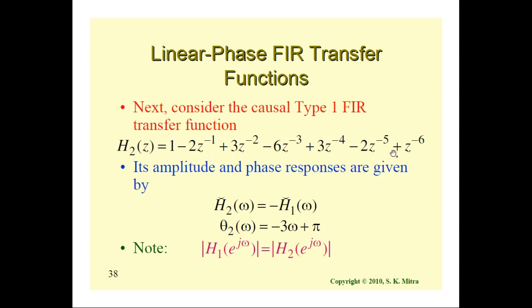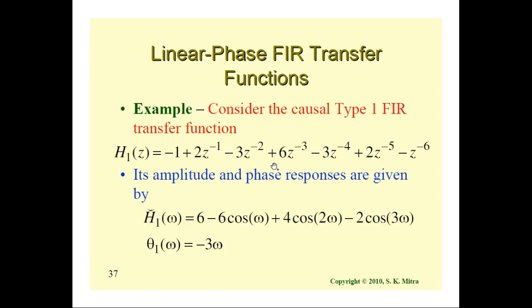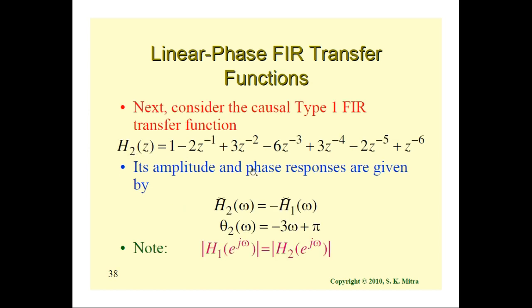The value of the coefficient is the same, so its amplitude response will be the negative of the amplitude response of the first filter. So what we have done here is that we have simply given a phase shift of pi to H1 of e power j omega, and because of that the related new system has amplitude characteristics which are negative of that of the filter H1, but both of them are type 1 filters.